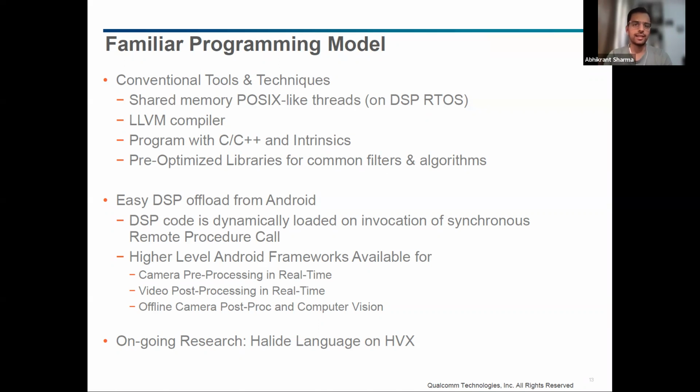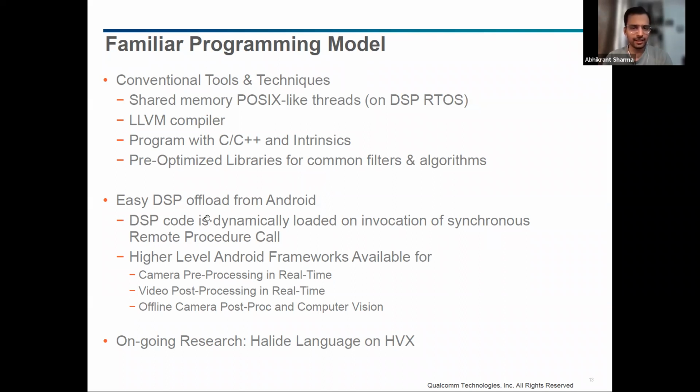One instance of this is, let's say you want to run your deep learning model, which comprises a convolution or a ReLU operator, or needs a softmax kind of operator. All these operators are pre-optimized in a library called SNPE, Snapdragon Neural Processing Engine, which is available as part of the Hexagon SDK, and it is available for usage by our end customers.